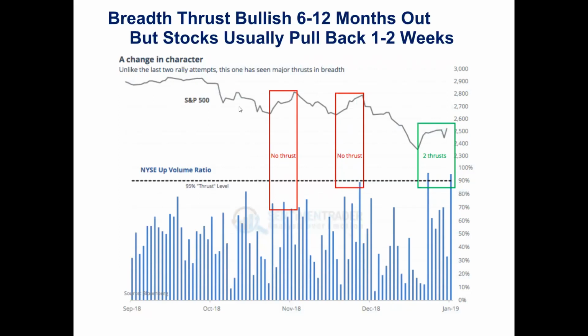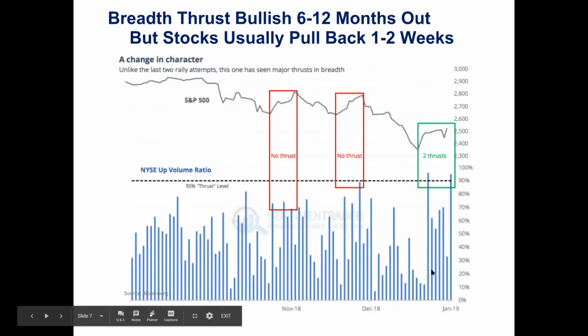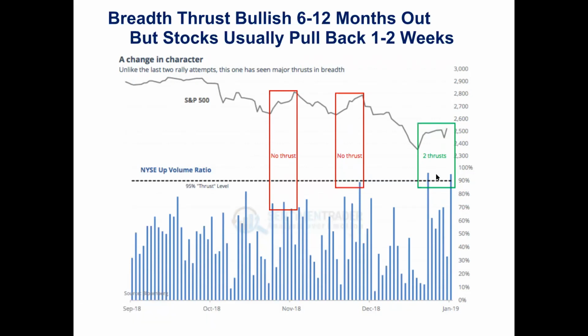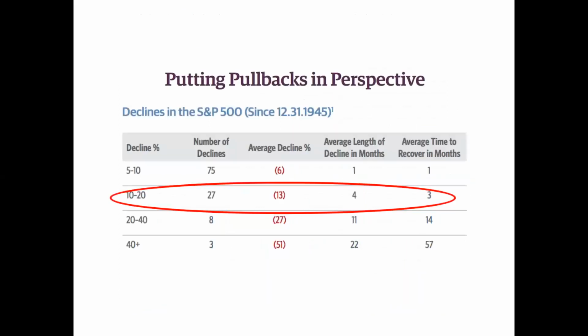And if you notice earlier in November and December 2018, we did not have those thrusts, but as we went into the very end of 2018 and to start 2019, we actually had 2 of these New York Stock Exchange up volume breadth thrusts where more than 95% of the volume traded on the New York Stock Exchange was to the upside on those days. So that to me tells me that in the near term, we could see some choppiness, but it's bullish over the next 6 to 12 months.